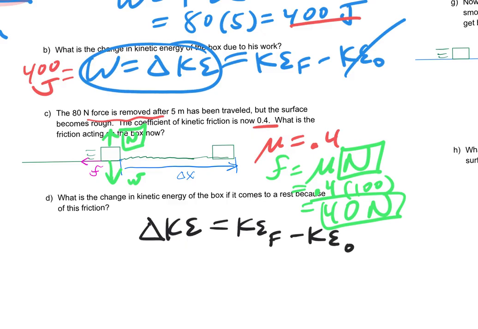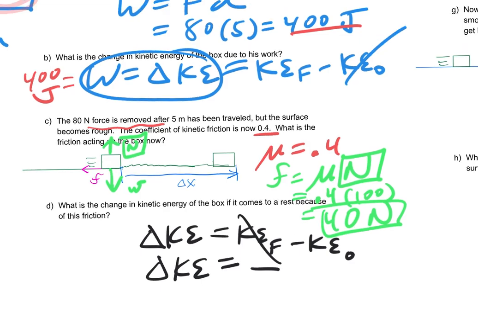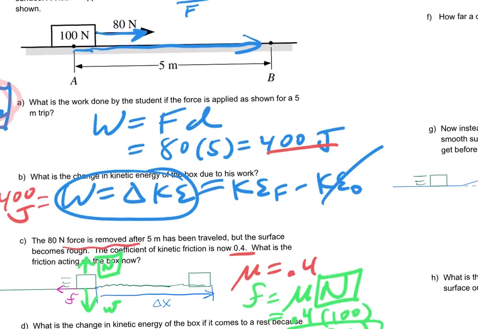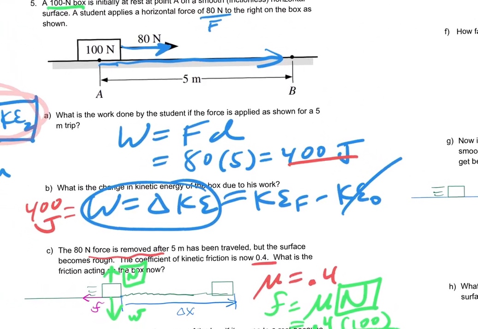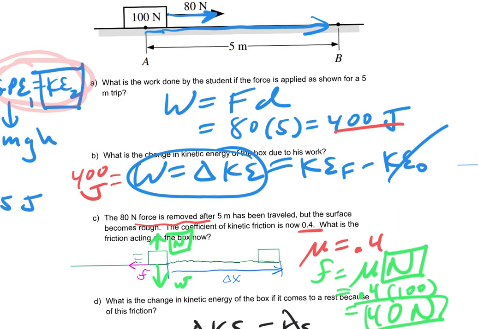I know KEF is 0 because he stopped right there at the end. So basically, the change in KE is what it had at the beginning, the kinetic energy, but negative. So it equals negative KEO, and KEO we solved up here to be 400 joules, right?